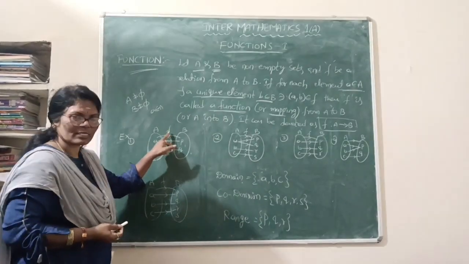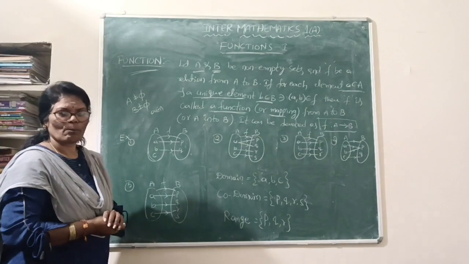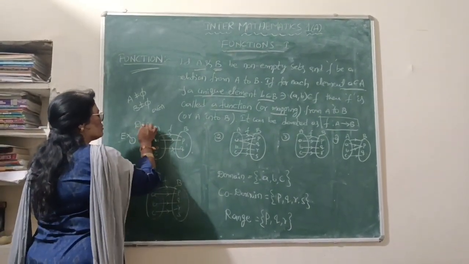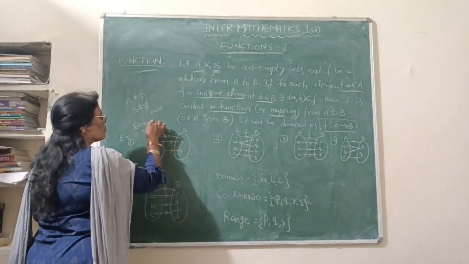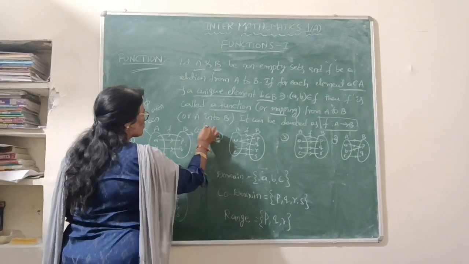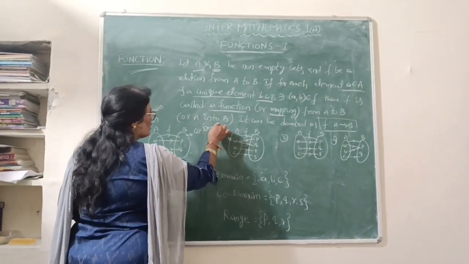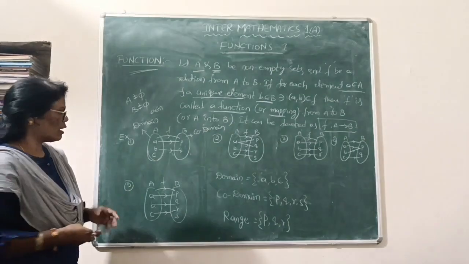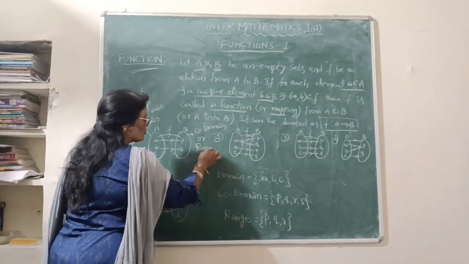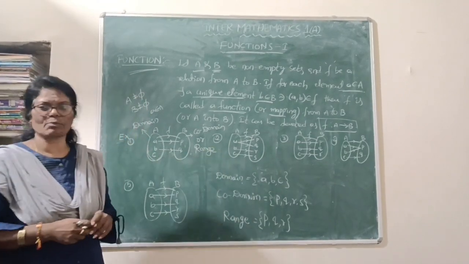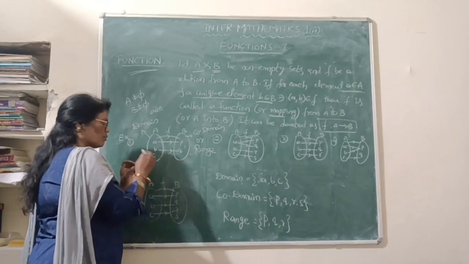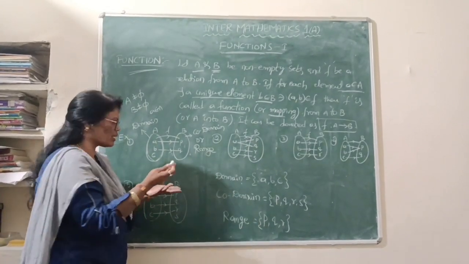Here F is nothing but a mapping from A to B. Here this A is nothing but the domain, and B is the codomain, as well as we can say range also. Now we'll see whether this example satisfies the function condition or not.